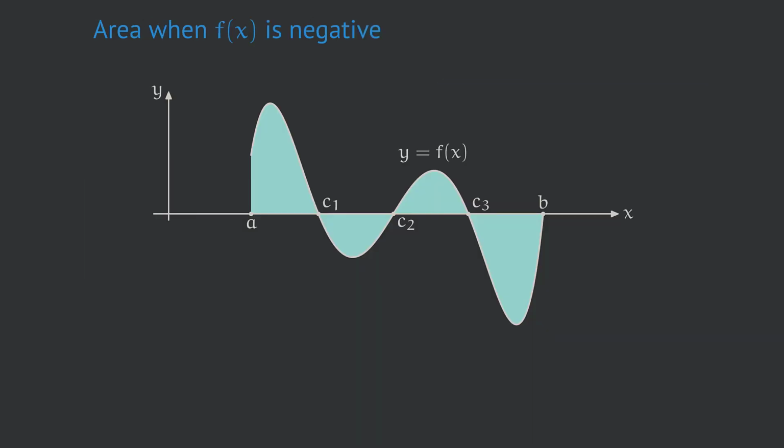In this example, we have a function f of x which is both above and beneath the x-axis in different sections. Then, if we calculate the definite integral with limits a and b, the parts of the function which are above the x-axis contribute a positive value, whereas the parts which are beneath the x-axis contribute negative values.